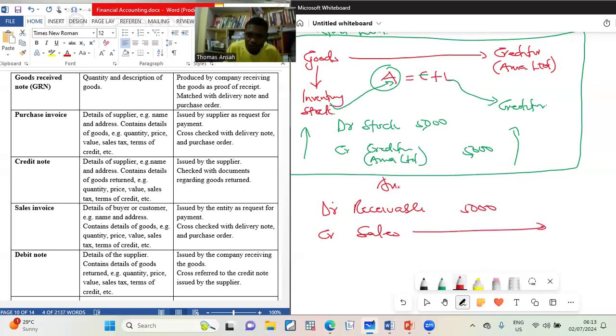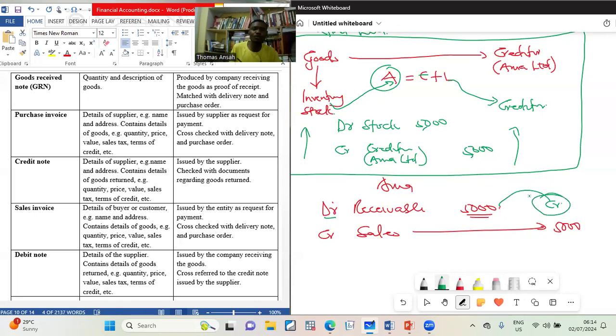So this is in the books of Ama, not in our company. She has sold, she's expecting 5,000. Now, when we return some of the goods, it is going to reduce this figure. In accounting, if you want to reduce a figure, you put it at the opposite side. Since this one is a debit and we want to reduce it, we will put it at the opposite side, which is a credit.